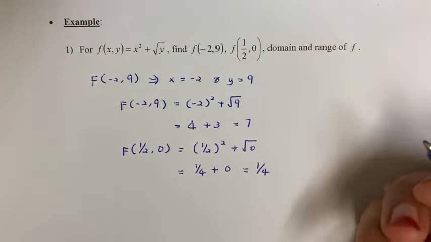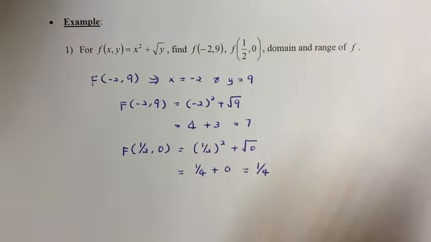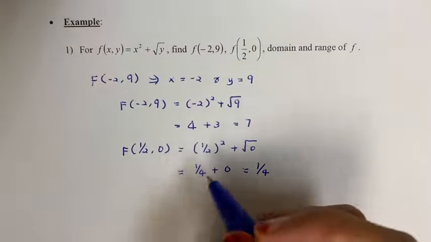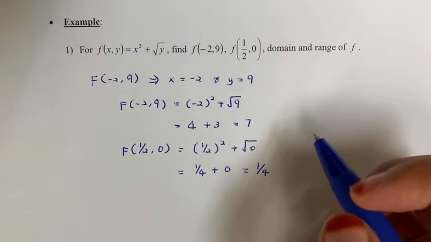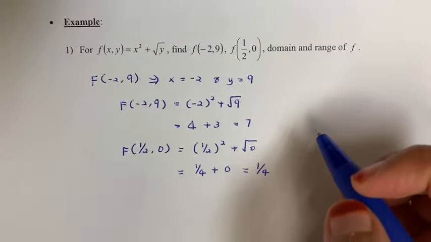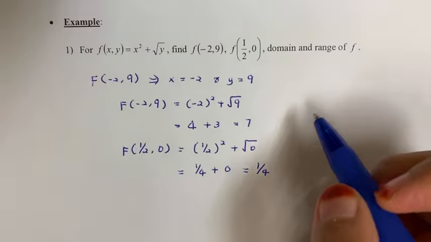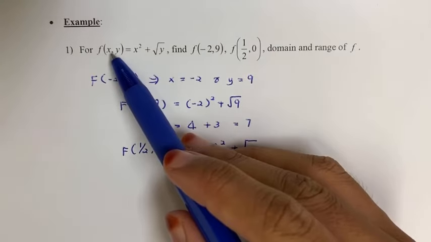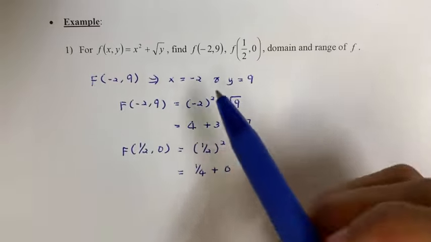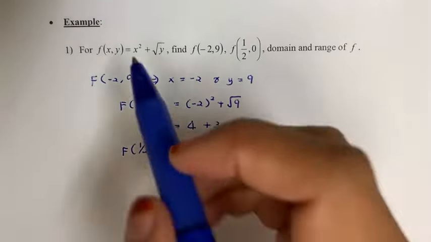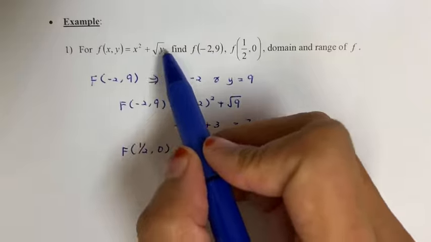Next, for the domain. Like what I said before, the domain is the values for x and y. The domain refers to our variables x and y. So for this case, we have x² + √y.